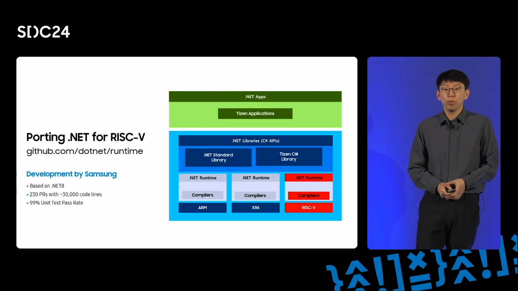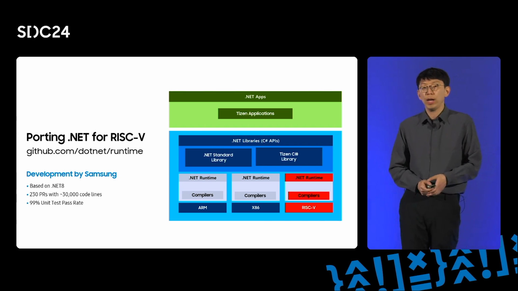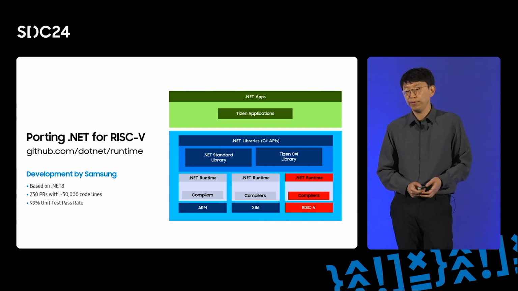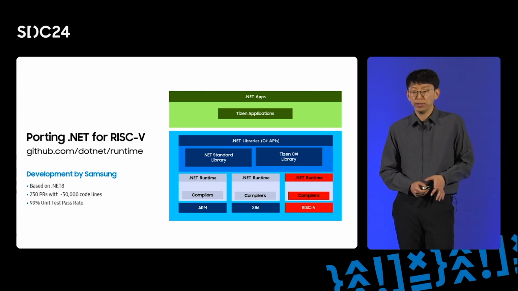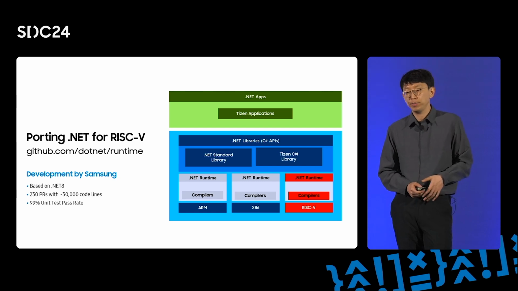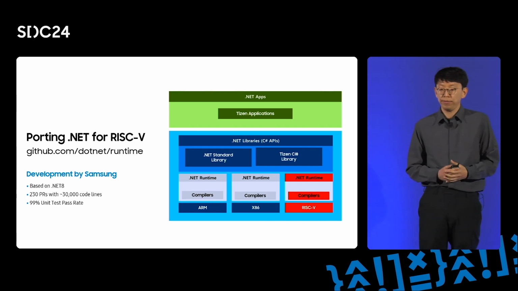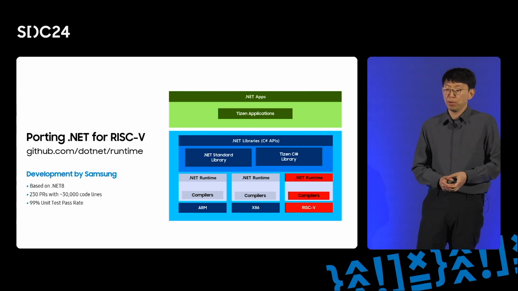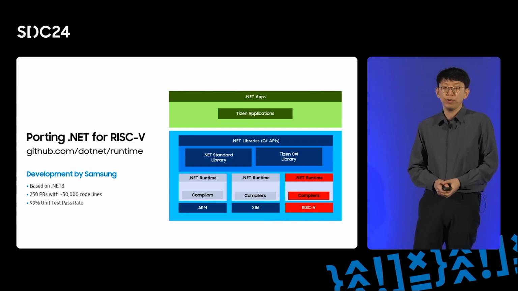Now, Tizen supports multiple languages for app development, such as native, web, and C#. Among them, web and C# apps run in real time on their respective language runtimes. To support RISC-V, each language runtime must be compatible with the RISC-V architecture.